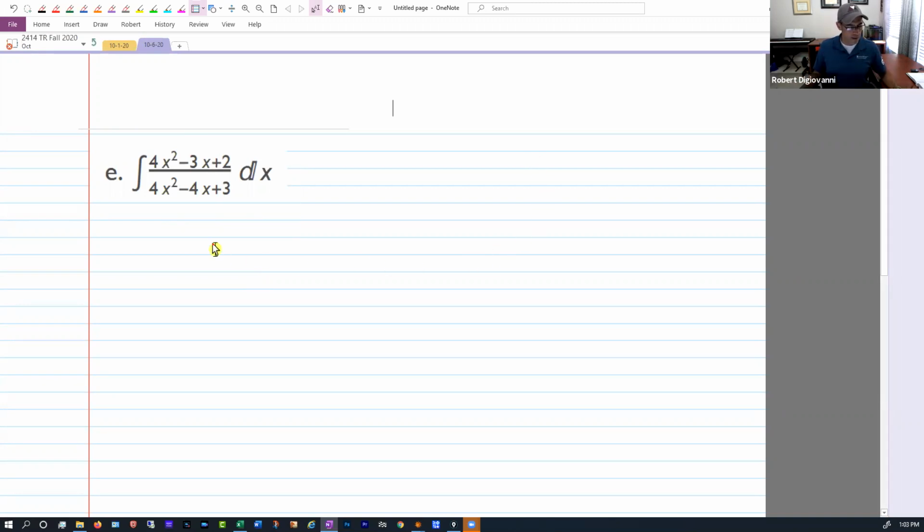We're supposed to find the antiderivative of this. Boy, those expressions look really close to one another, don't they? They're almost the same expression, but they're not. So I have to start with long division, because the degrees are equal, right? So put the numerator in the division box, put the denominator outside, and then you carry out the long division, right?